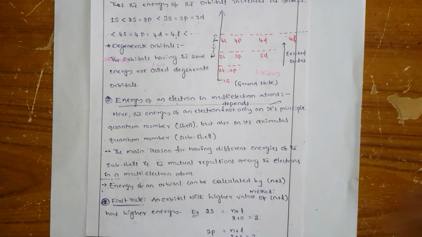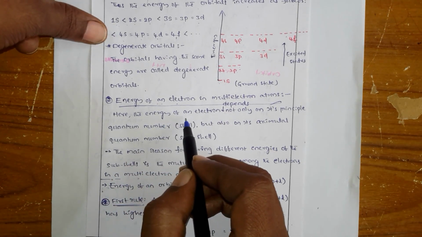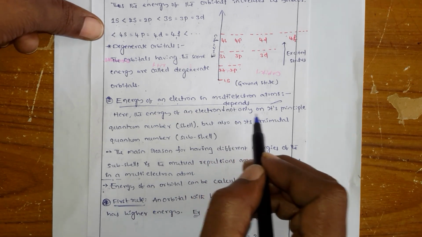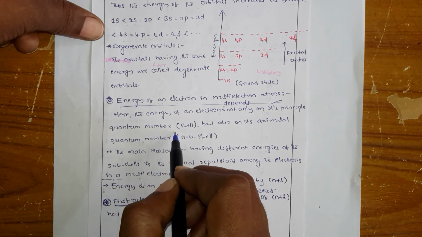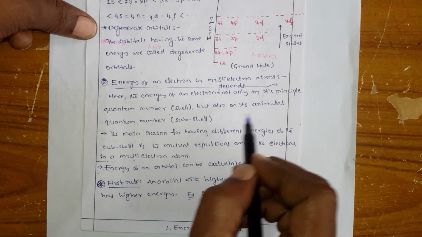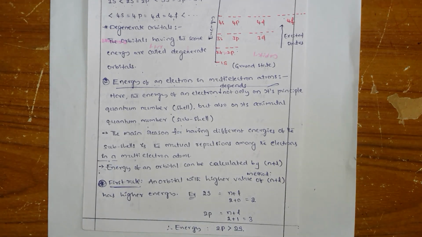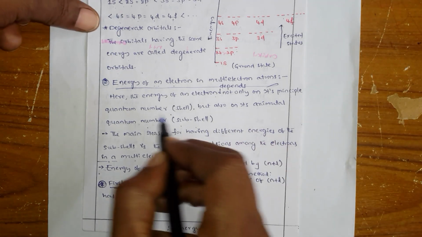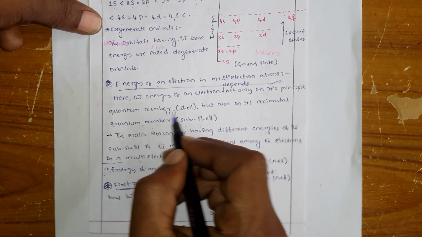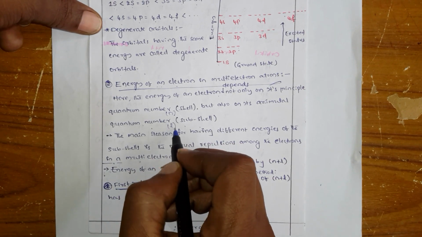Here the energy of an electron depends not only on its principal quantum number but also on its azimuthal quantum number. Not only does it depend on the n value, it also depends on the L value. This is the n value and this is the L value.